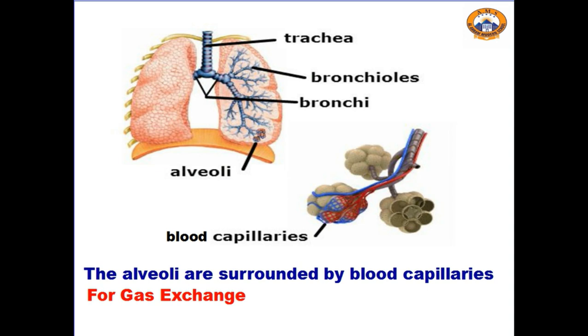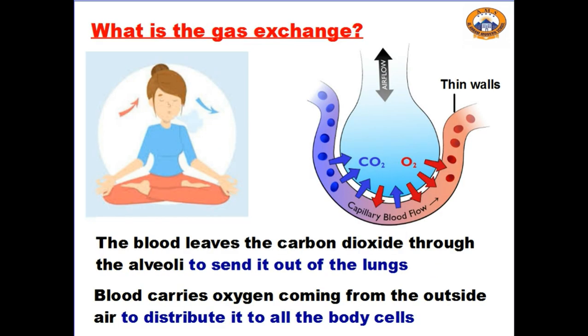Do you remember when we said that the blood carries the oxygen from the lungs and then to the body cells to undergo the respiration process and produce the energy? So these blood capillaries contain blood inside. Blood is flowing or moving inside the blood capillaries.